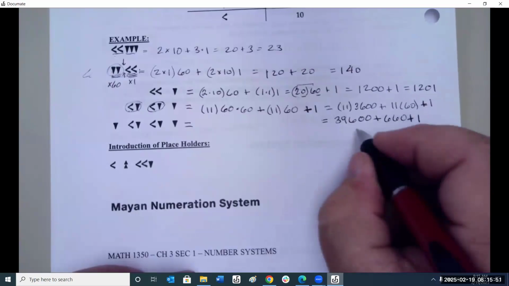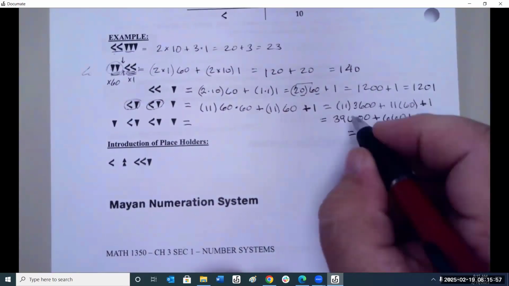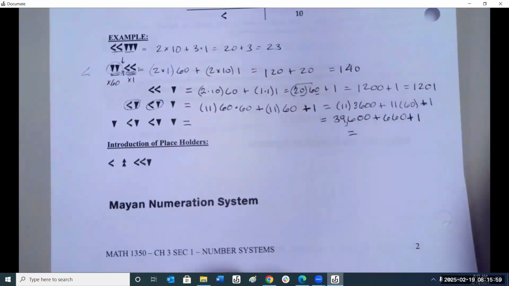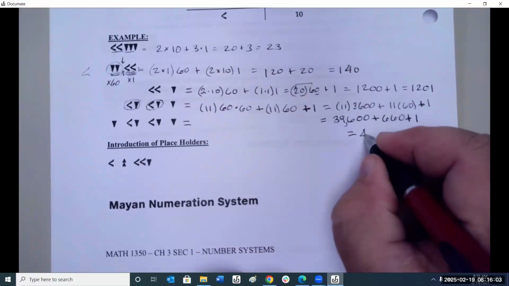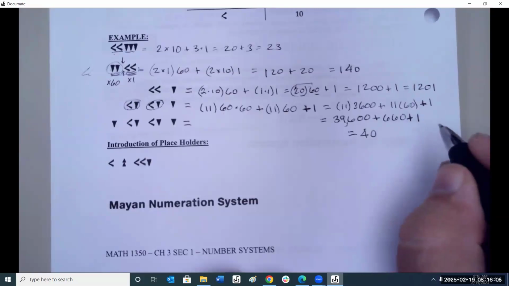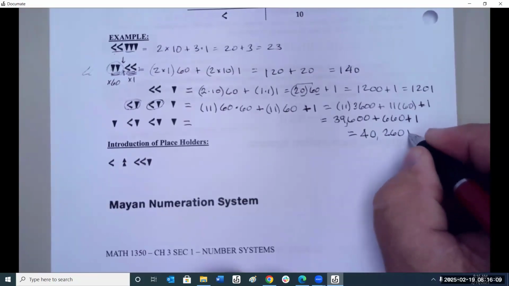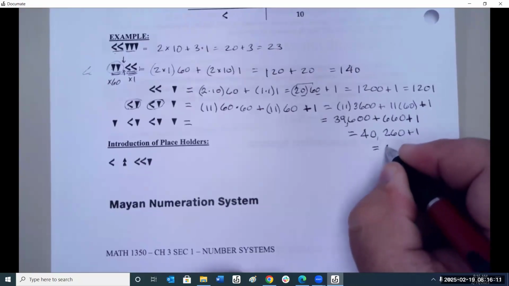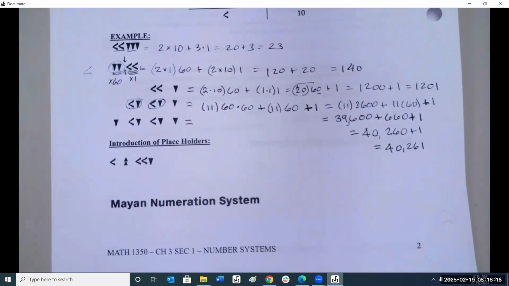Plus 1. So we have 39,600 plus 660, which makes it 40,260, plus 1 is 40,261.